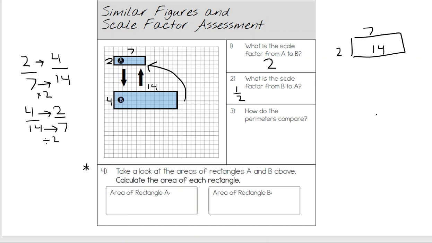Okay, to find the area of the rectangle that is a 4 by 14, that would be 56. Now we don't exactly know what units these are, so we are just going to say the units, whatever they are, would be squared for area.